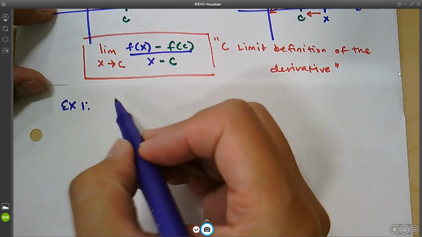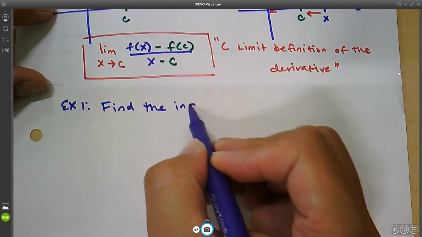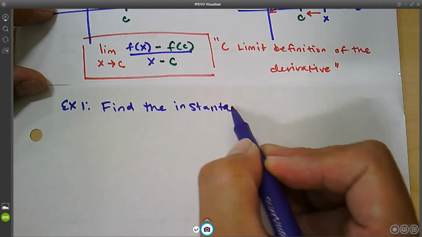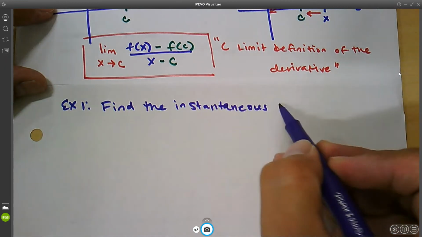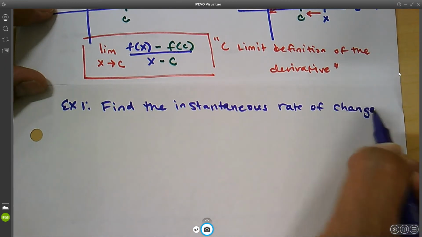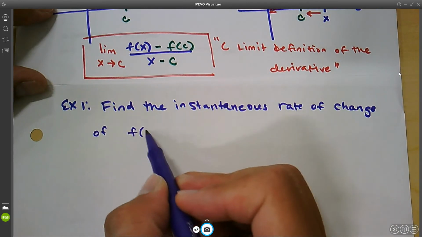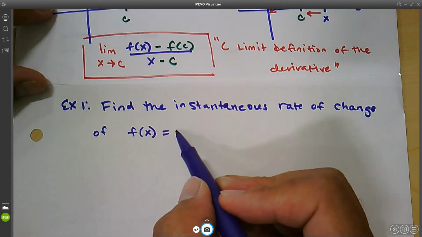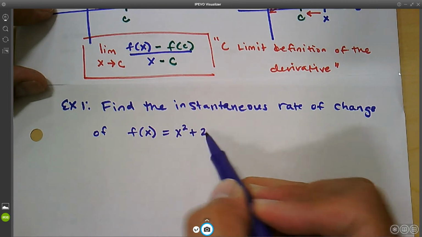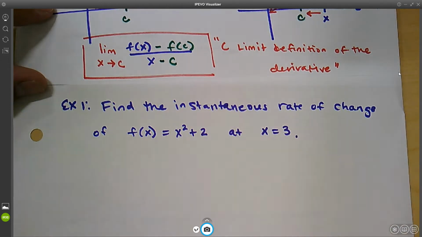Okay, so our question is, find the instantaneous rate of change of this function at this moment, 3.